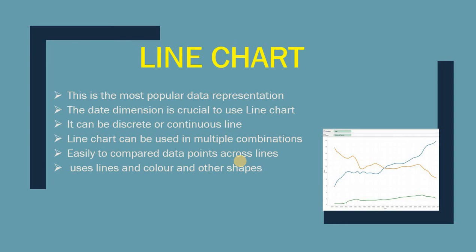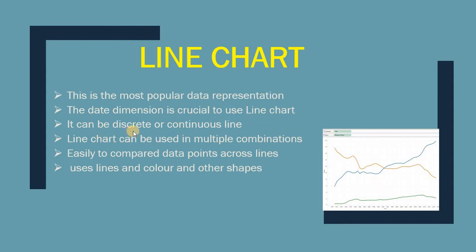We usually need a date dimension, because these data points are showing across the dates, year, or maybe hour, could be point of sale in a given hour, or a week or a year. So we need that one.